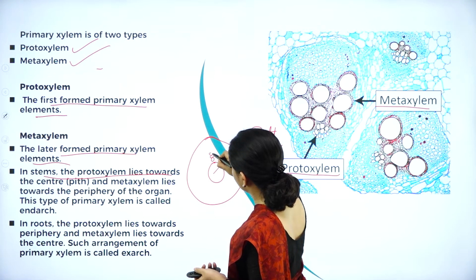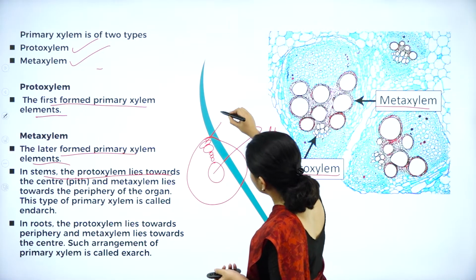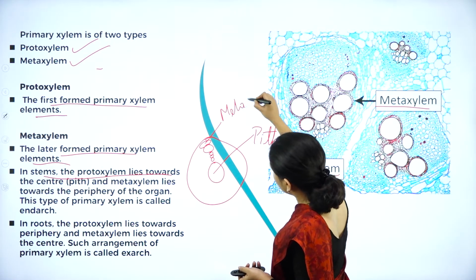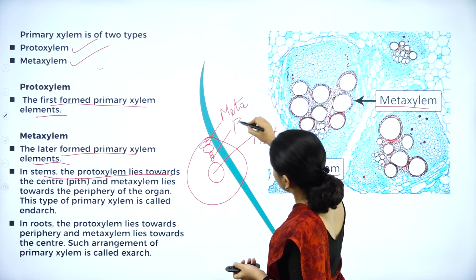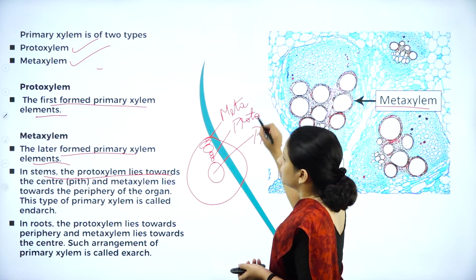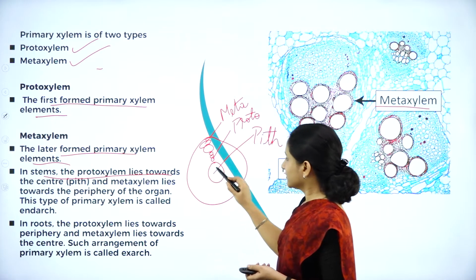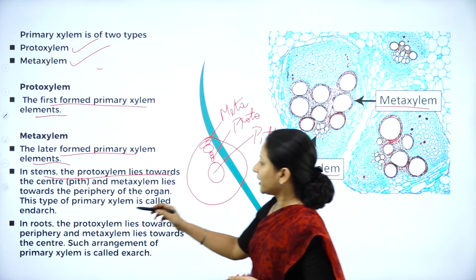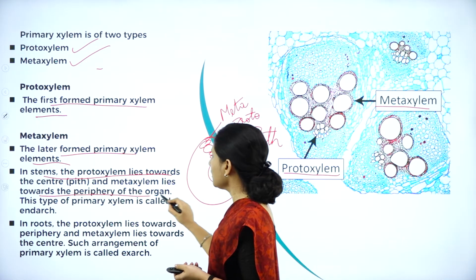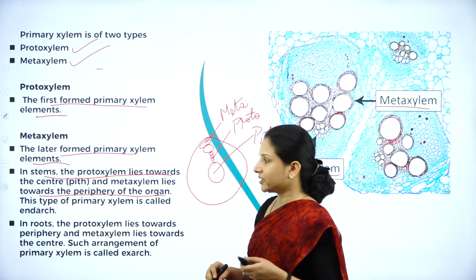So protoxylem will be towards the pith and metaxylem will be towards the periphery. So this will be the metaxylem and this will be the protoxylem. So in stems, the protoxylem lies towards the center, that is the pith, and the metaxylem lies towards the periphery of the organ.